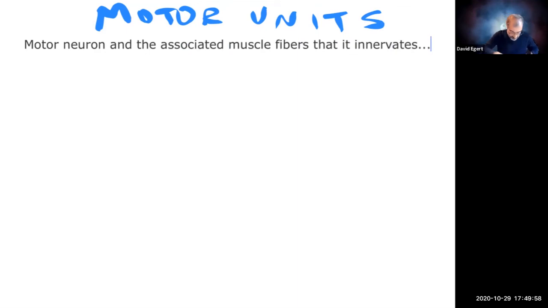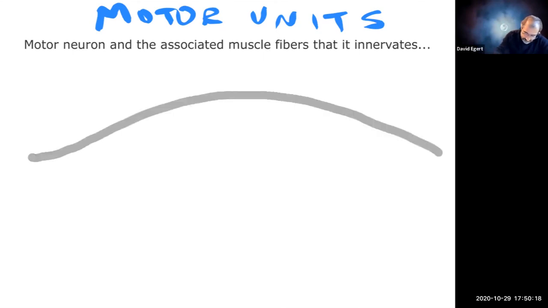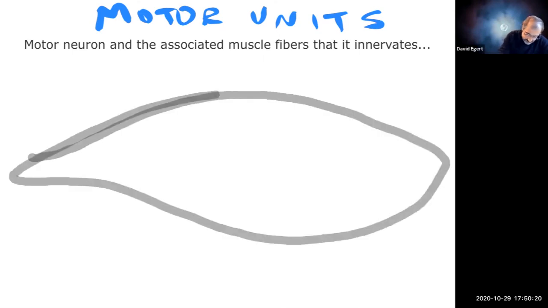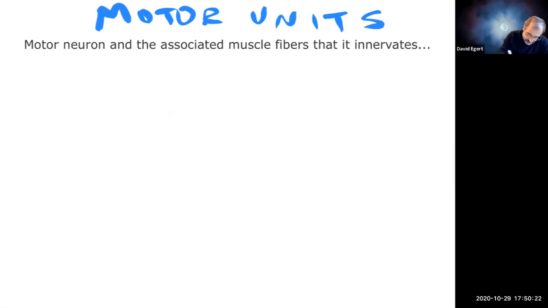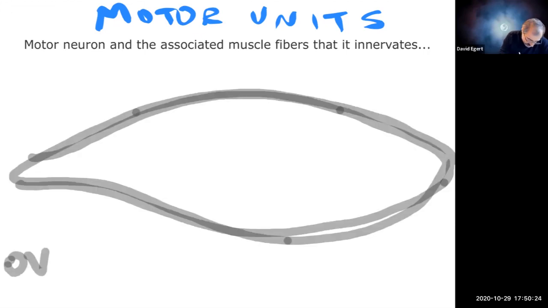So if I am looking at an overall muscle, so this is my overall muscle.